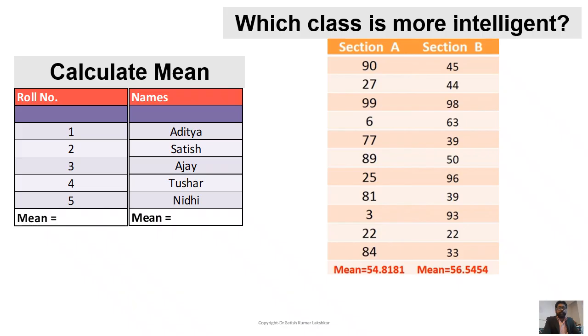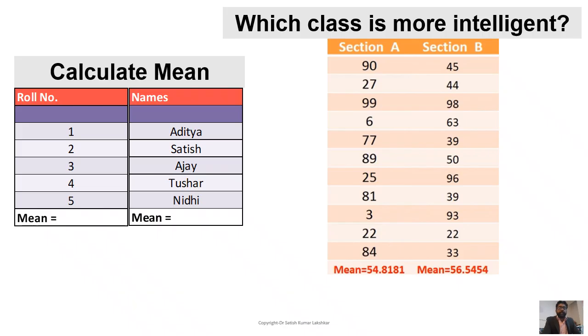So it is very difficult for anyone to calculate the mean with the help of these 5 names or the categorical data. Even if we refer to the roll number, it is very difficult to calculate the mean, because we are supposed to calculate the mean of the performance, or of any specific characteristic.